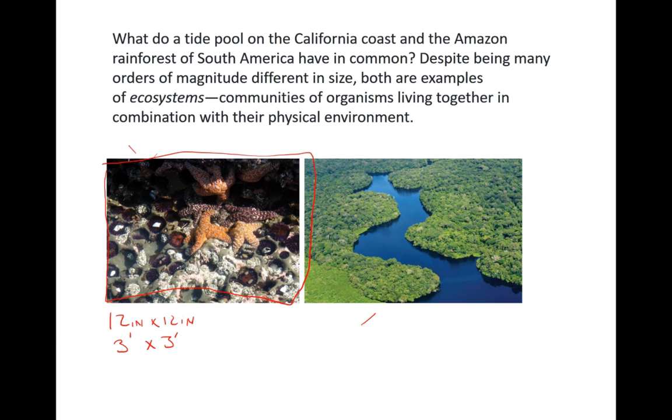Versus the Amazon rainforest here, which is definitely several acres, and it could be hundreds. I'm not sure how big this picture is. But one is small and one is large, and that could all be an ecosystem that we're going to study.